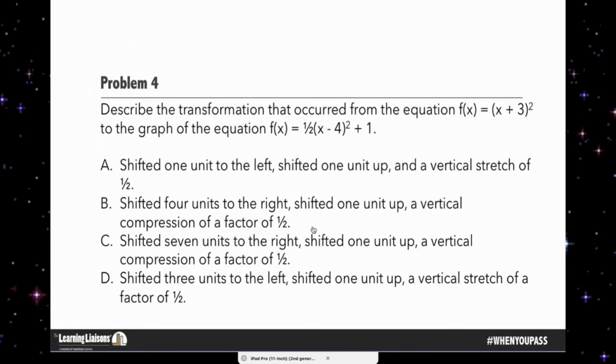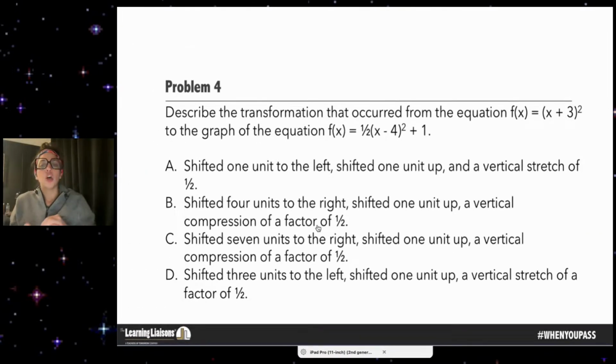Shifted 1 unit to the left, shifted 1 unit up, and a vertical stretch of 1/2. Shifted 4 units to the right, shifted 1 unit up, and a vertical compression of a factor of 1/2. Shifted 7 units to the right, shifted 1 unit up, and a vertical compression of a factor of 1/2. Or shifted 3 units to the left, shifted 1 unit up, and a vertical stretch of a factor of 1/2.